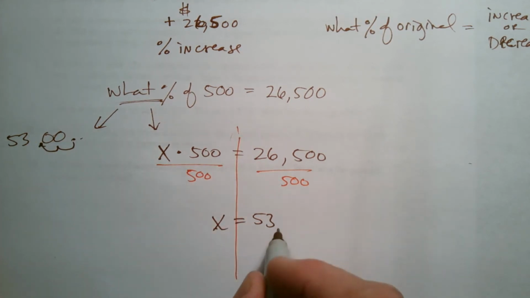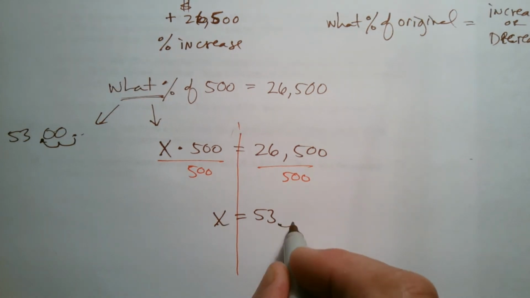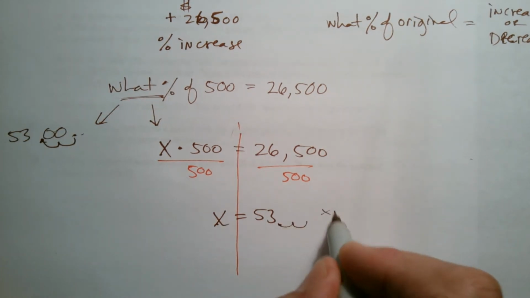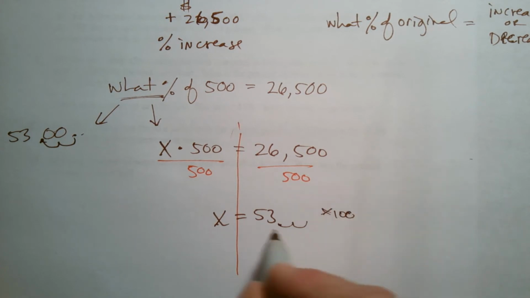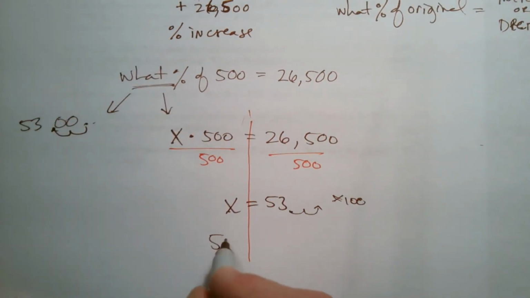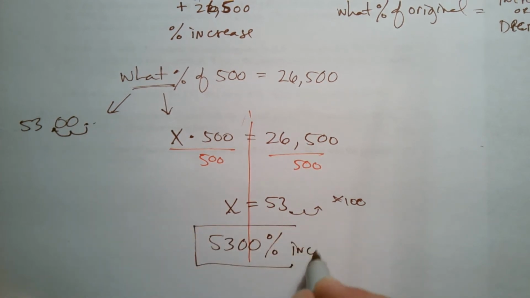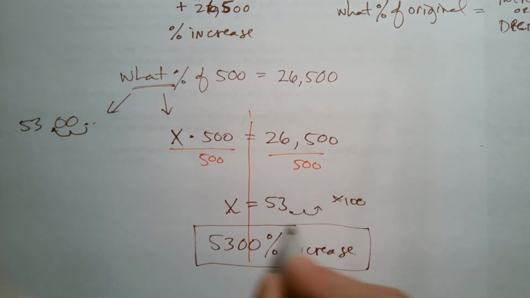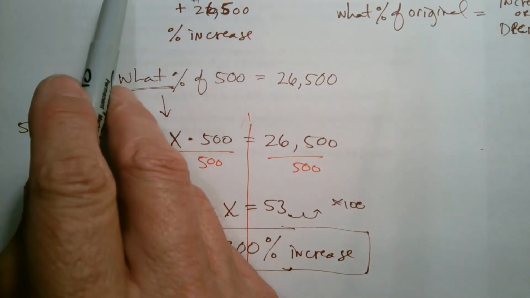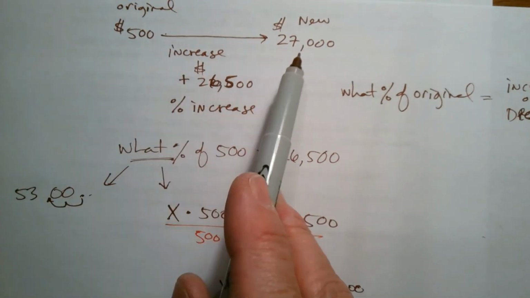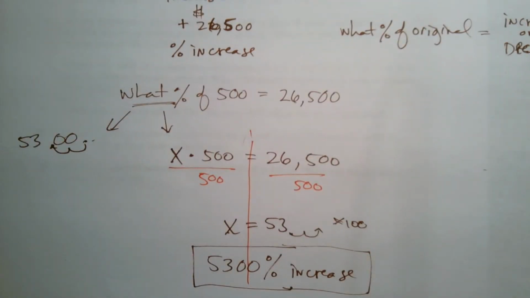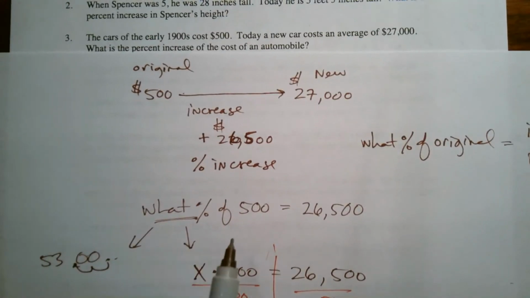To go back to percent form, we basically multiply by 100, which moves the decimal place and adds a couple zeros. So my answer here is 5,300% increase. From 500 to 27,000 is a 5,300% increase. That's number 3, that percent increase.